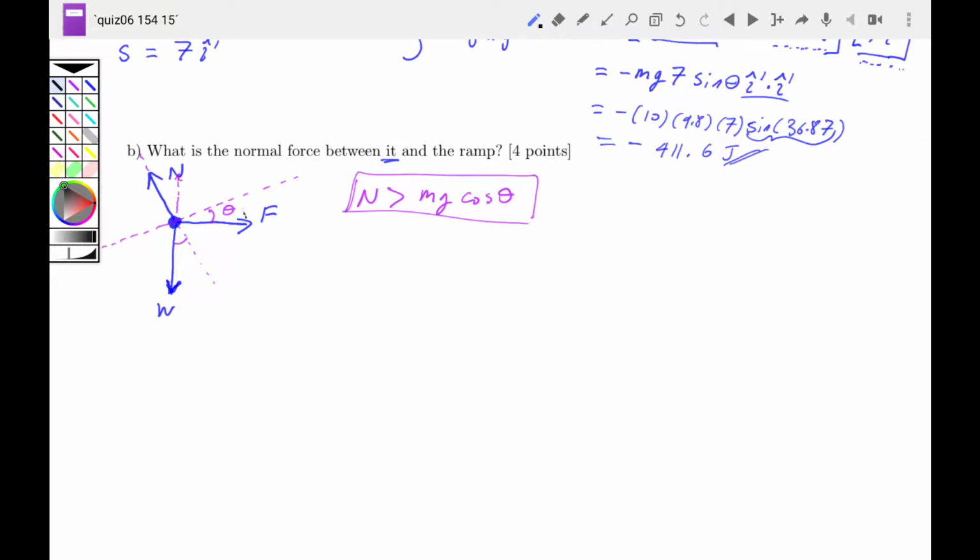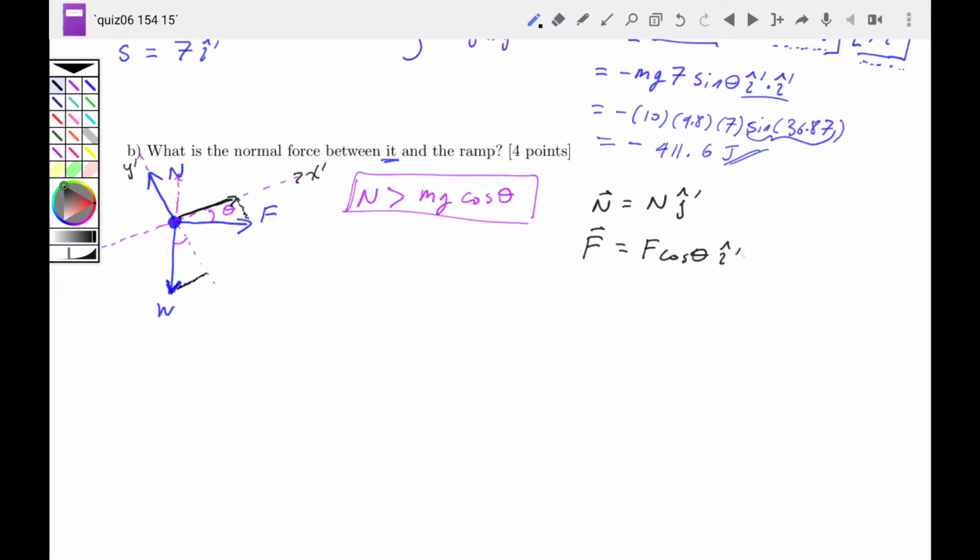So basically, we have to do a lot of projecting of the vectors onto this x prime, y prime coordinate system. So N, we don't need to. N is already done. N vector is the magnitude of N, whatever it is, the thing we're looking for, but it's all in the j prime direction. F is a little bit more complicated, so we've got this component of F, which is F cosine theta.